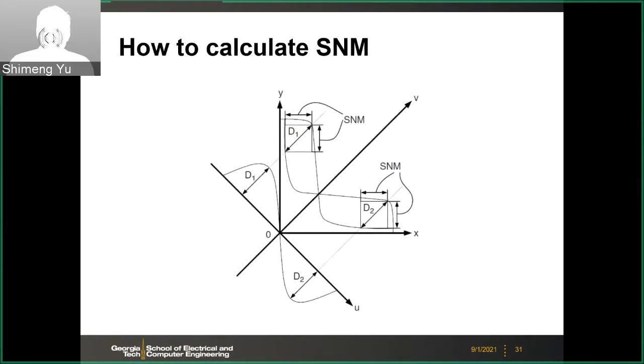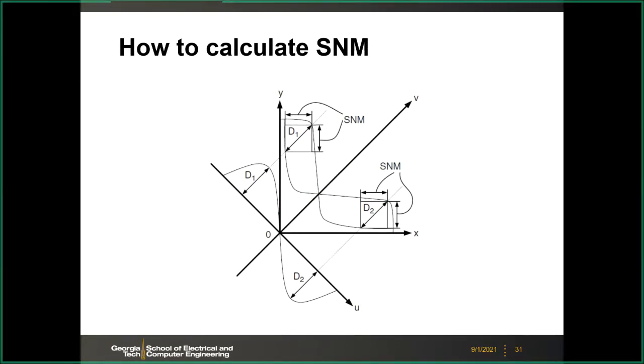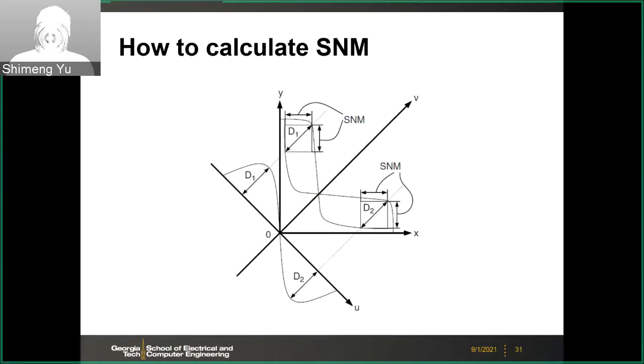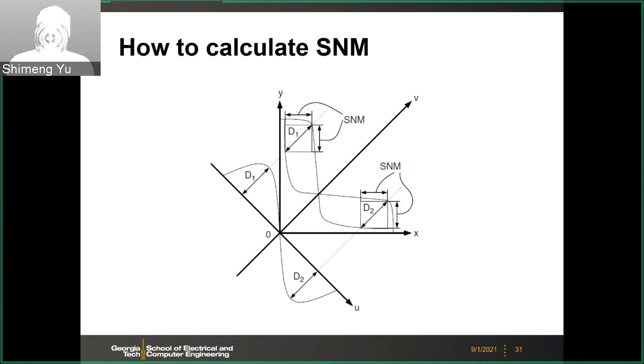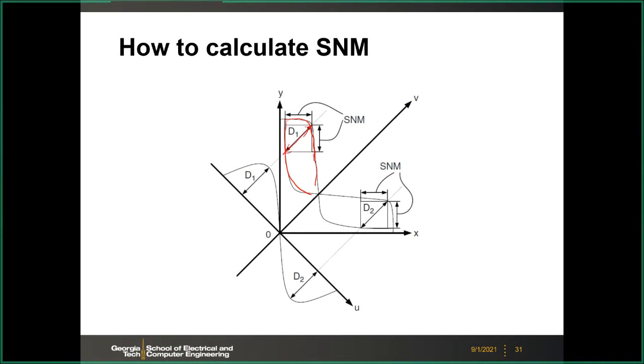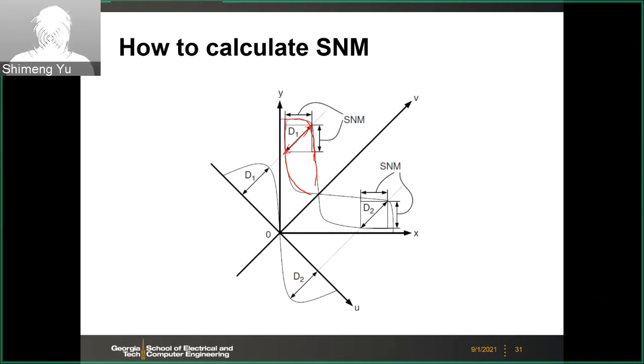So how do you calculate the SNM? You may have this kind of homework, okay? So what you can do is to basically rotate the X and Y axis by 45 degrees. And if you do that, so like this red and blue curve, right? Then you can look at the difference between those two curves and plot the difference here.